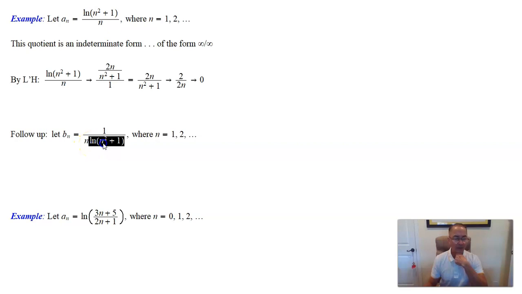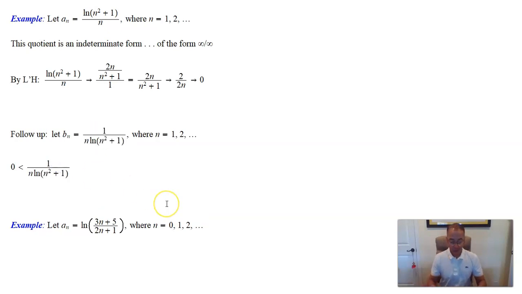If we ignore that ln of n squared plus 1, we'll just get 1 over n. Okay? But we were just talking about 1 over x to the p. We know that 1 over n goes to 0. So this term, well, it's always positive. Ln of 2 is positive, ln of 3 is positive. So this term is positive, and it is smaller than 1 over n.